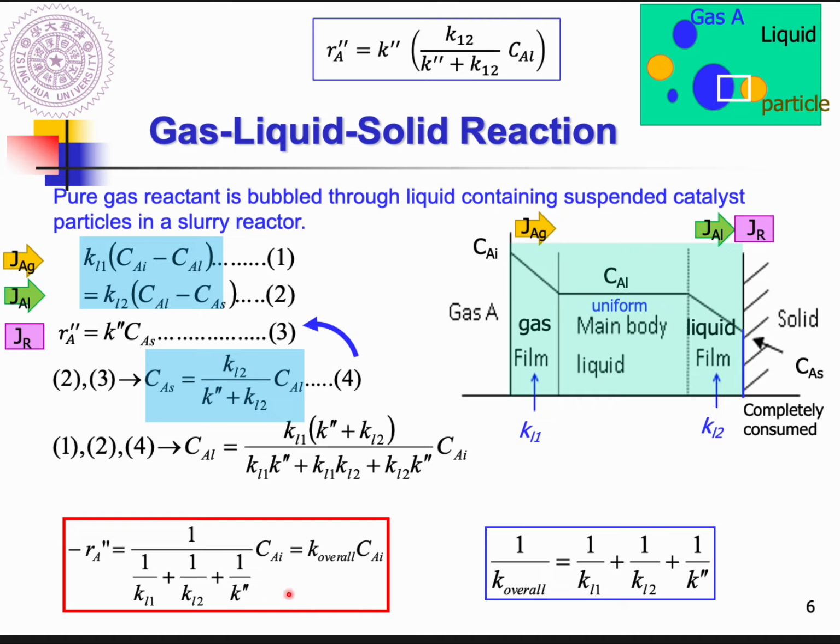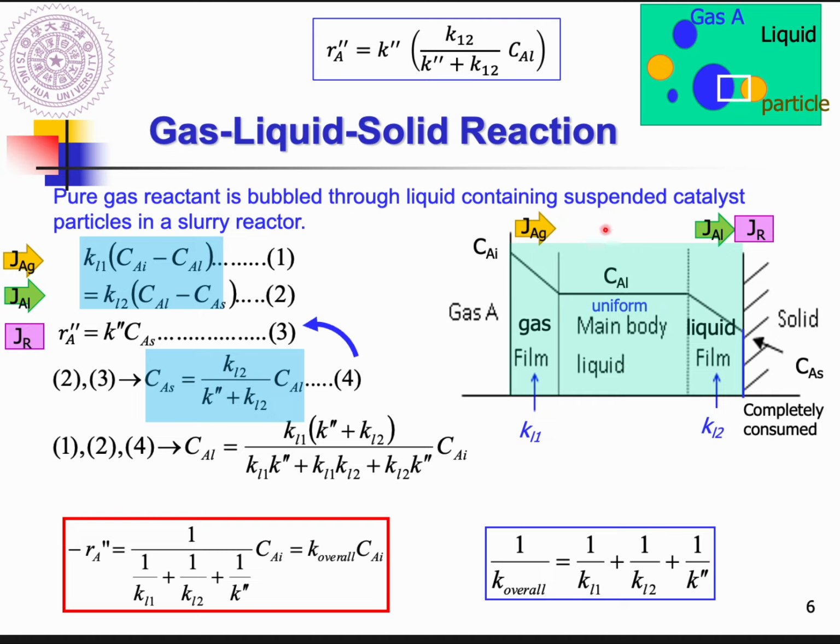It will be the same idea, right? Driving force, CAI minus 0, the driving force, equals flux times total resistance. Total resistance includes each layer that reactant A diffuses through. This layer will be the reciprocal of KL1, and some people will probably wonder about this layer.